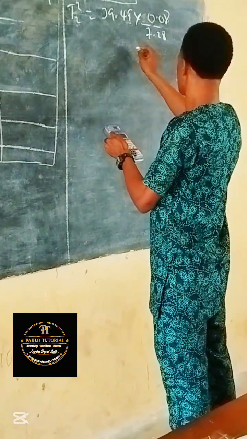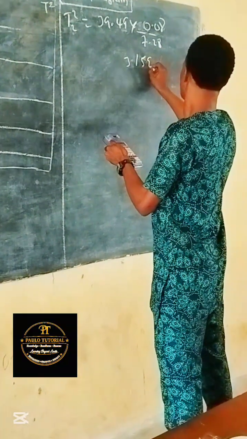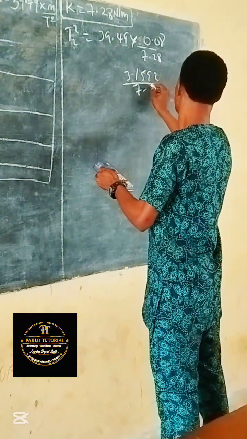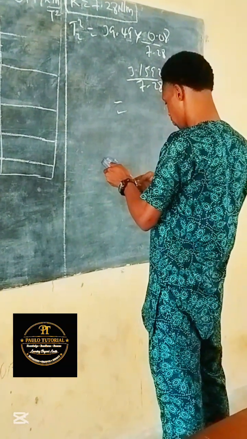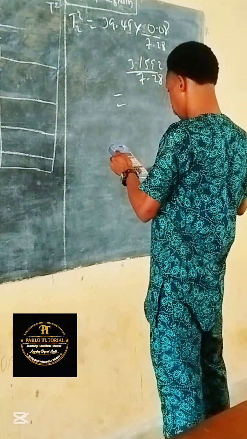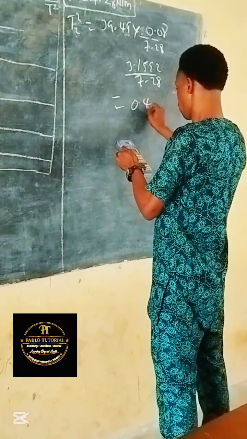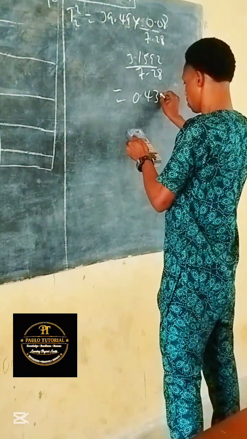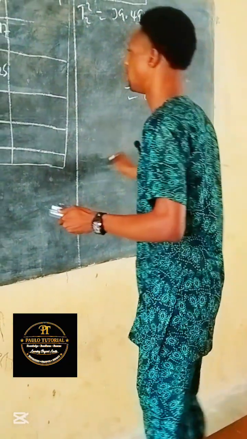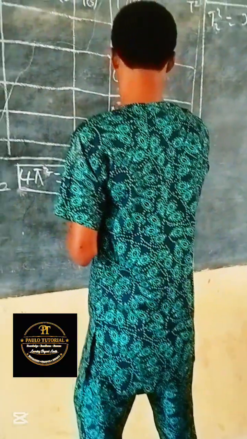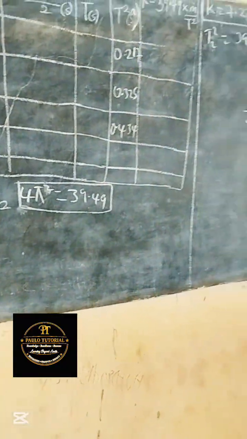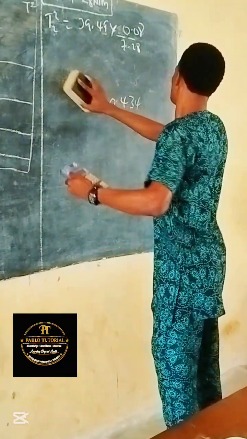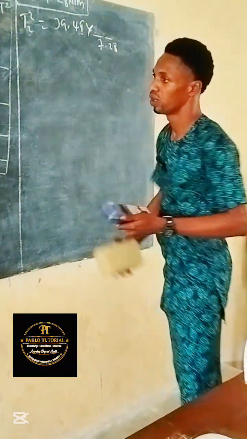That will give me 3.1592, divided by 7.28. When I divide it, that will give me 0.4334, so to 3 decimal places, that is 0.434.